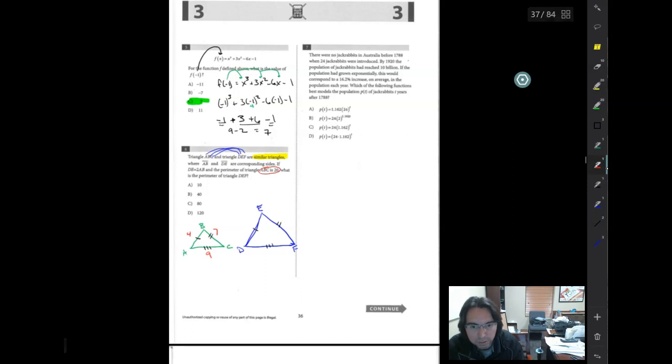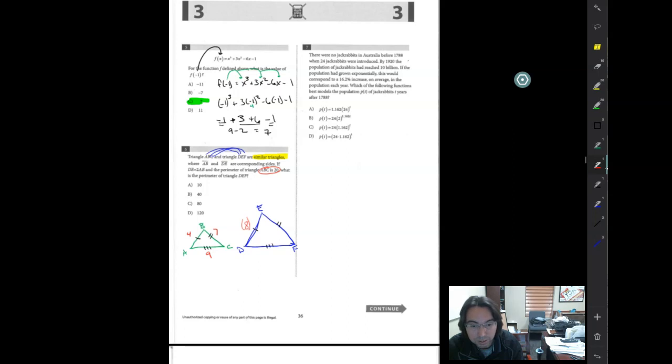Well, we know DE is twice the length of AB, so this leg is going to have to be 8. And remember, these are similar triangles. I could do ratio and proportions, and I certainly could, but what I understand is that since they are similar triangles, meaning the angles are the same, the relationships between the lengths are the same.